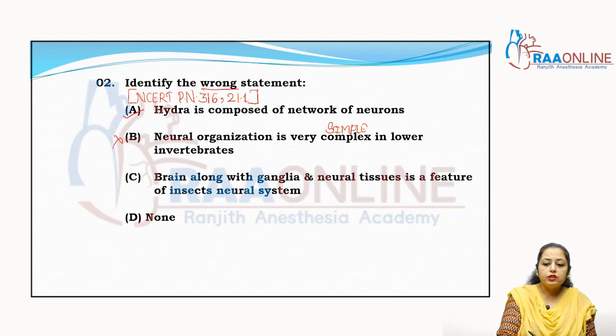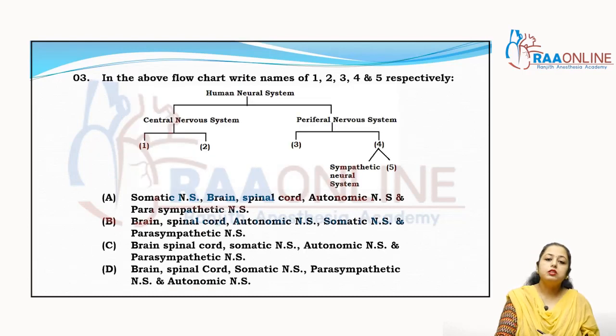So brain along with the ganglia and neural tissue is a feature of insects' neural system, correct, right? So according to that question, the answer is B, so the wrong statement is B. Clear?